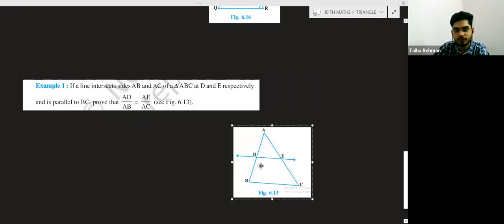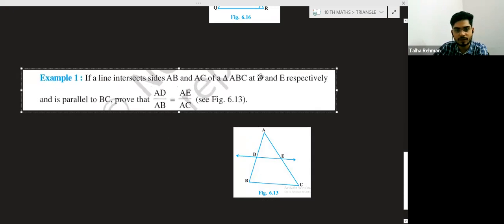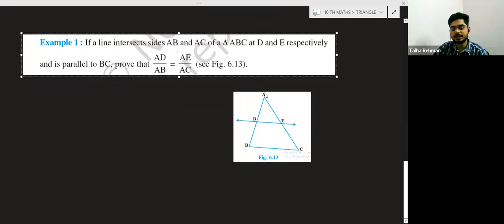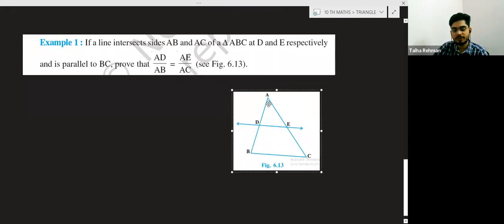Example number 1 of NCERT. If a line intersects AB, this is AB. See this figure, the figure is given. In 2 minutes we can solve this question.